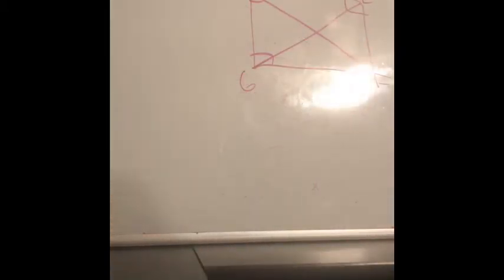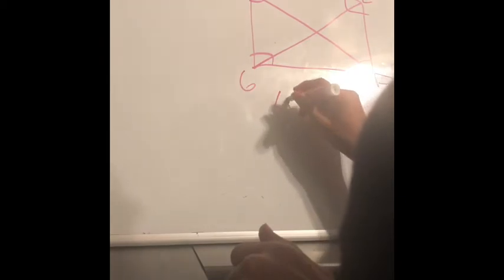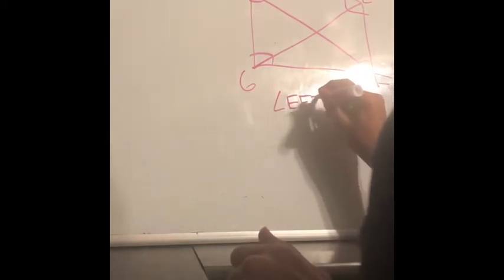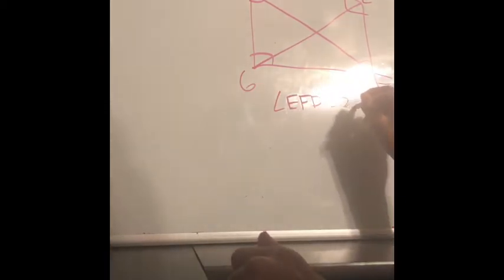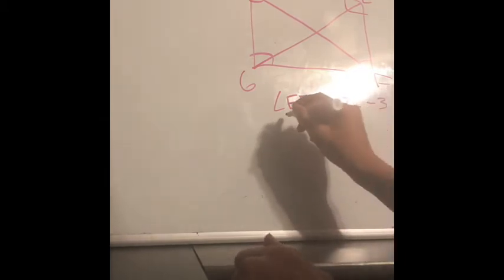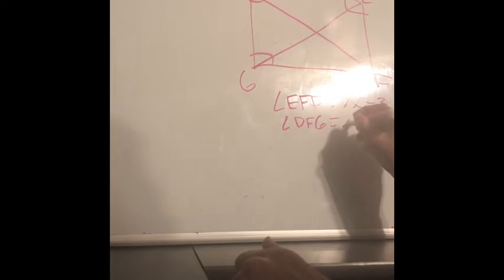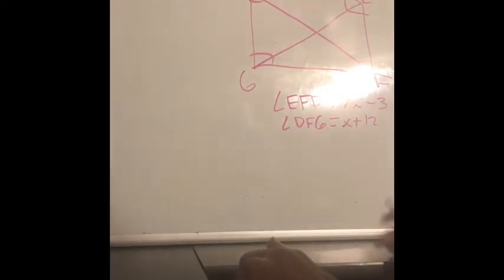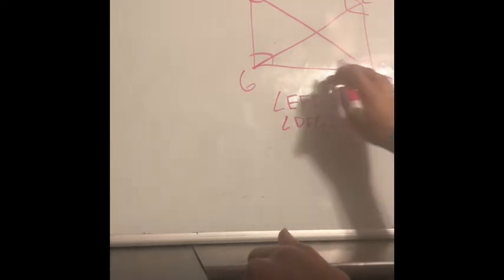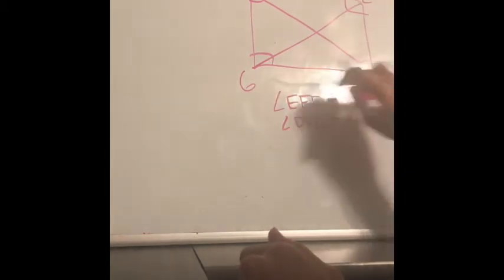Okay. The next example problem is we're using like the same rectangle, same concept. But the question is changing a little bit. Equals 2x minus 3. DFG is equal to x plus 12. So since that, this way would be our angle.